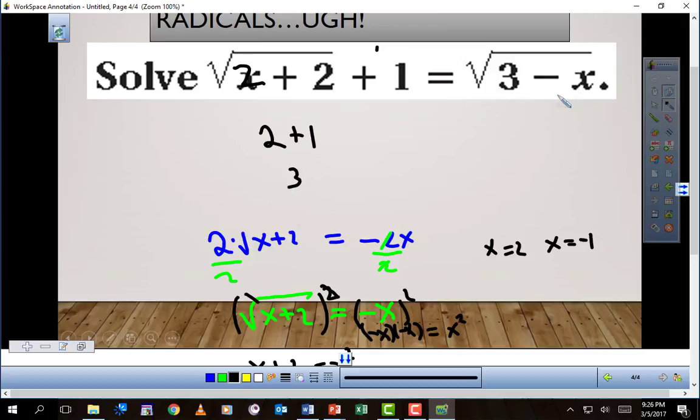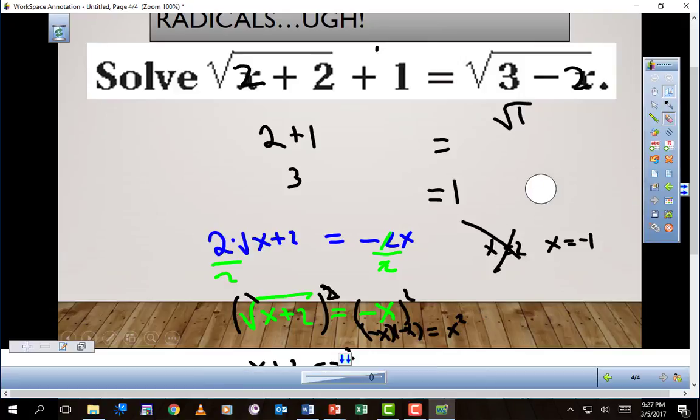If we put a 2 here, we'd have 3 minus 2, which equals what? 3 minus 2 is the square root of 1, which is equal to 1. So this side, we end up with 3 equal to 1. Well, clearly that answer does not work.